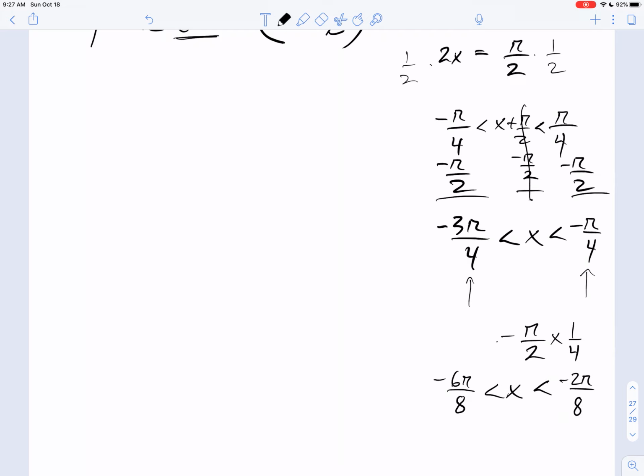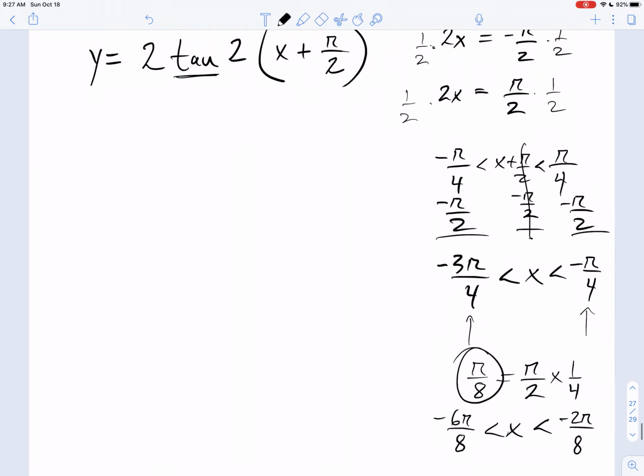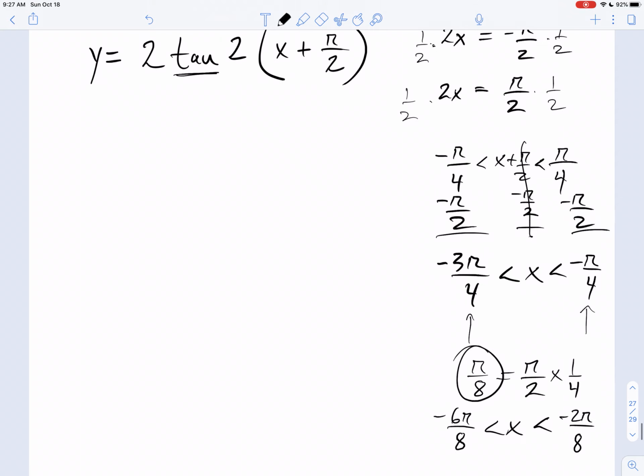So when I count off my increments, I could just be technically just counting. So let's see what that looks like. Let's get one little part of this graph done, because in this section they're going to ask you for two periods of the graph. So me personally, I like to get one period drawn and then I just extend it.